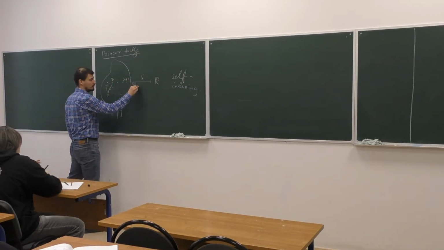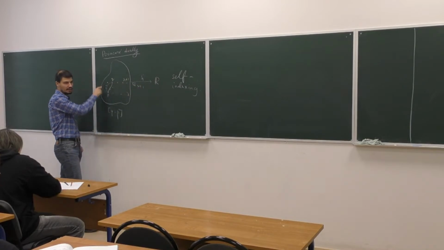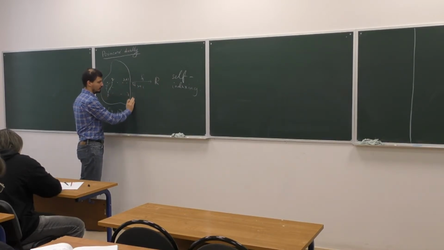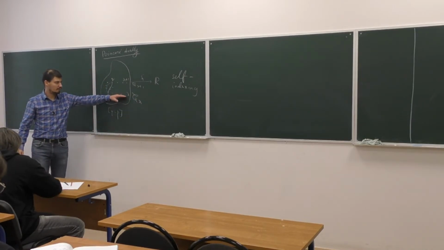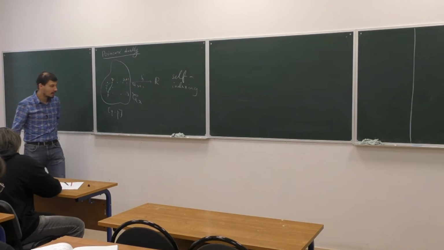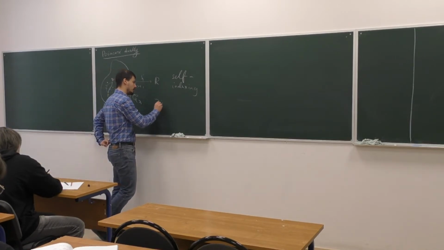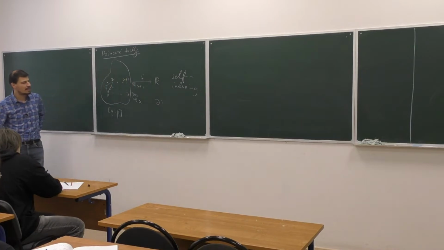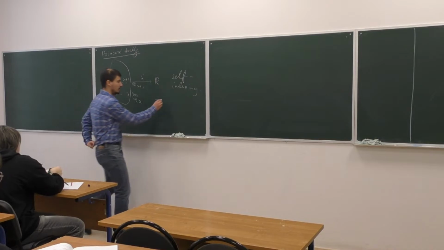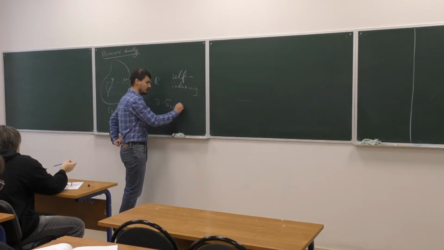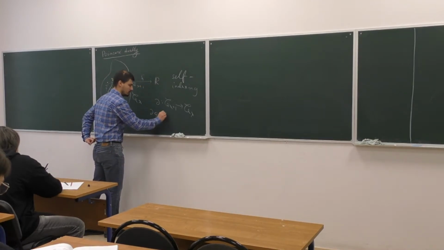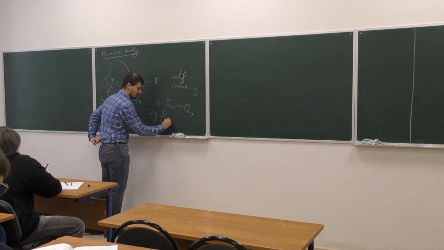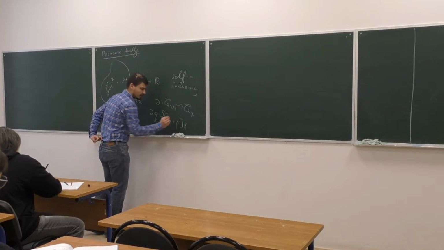C lambda plus 1 is the free abelian group generated by critical points of index lambda plus 1, C lambda is the free abelian group generated by critical points of index lambda, and we immediately get the differential, the boundary operator, which is given by this formula.